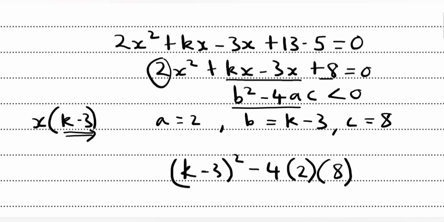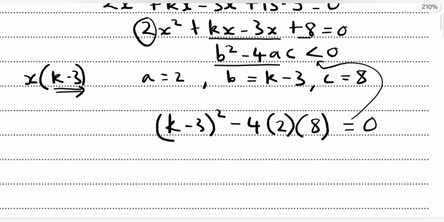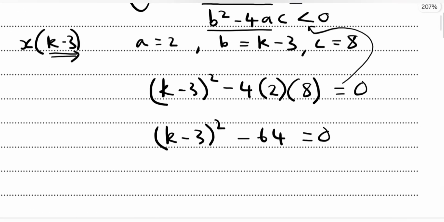Like this, right? But this time we want to put an equal sign, as opposed to the less than, because we want to find the critical values, or the critical points. So with this now we have k minus 3 squared minus 64 being equal to 0, right? Taking the 64 to the other side, we get k minus 3 squared being equal to 64, right?